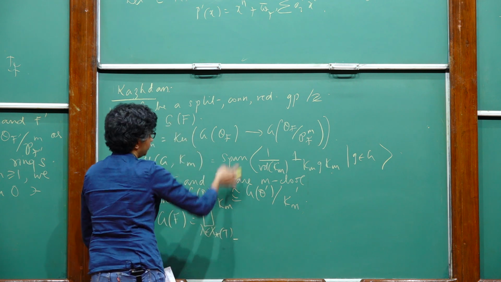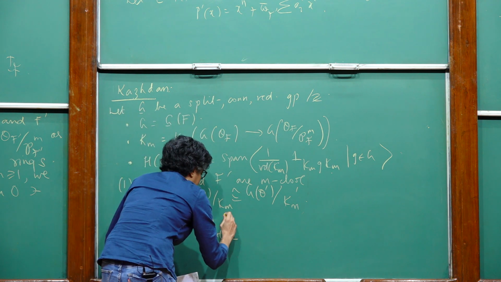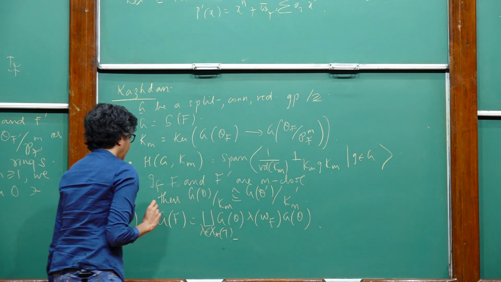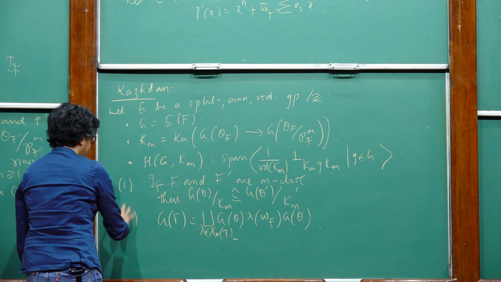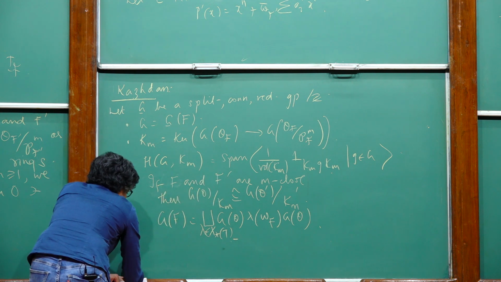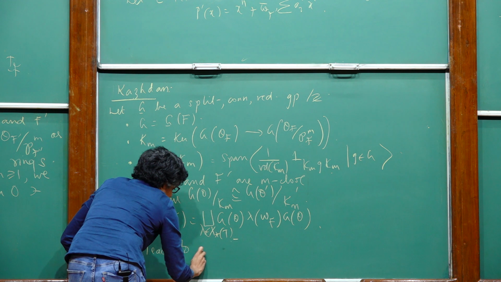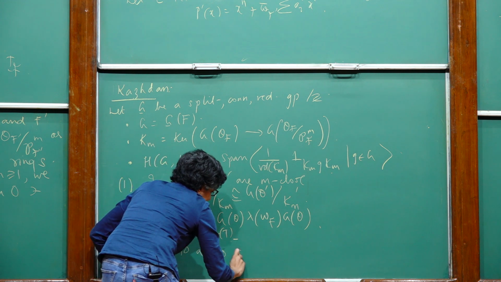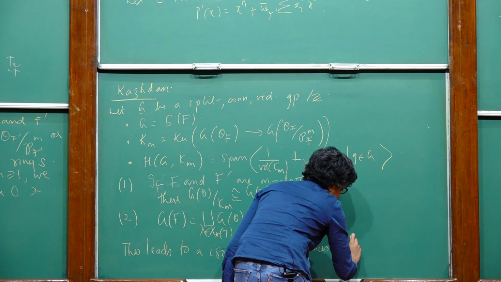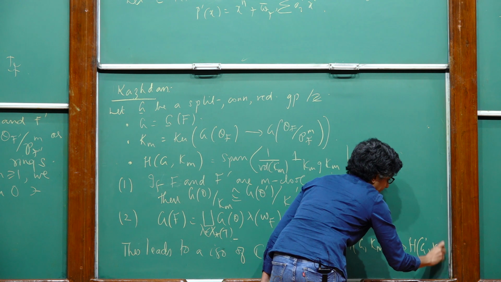I didn't say what T was, you fix a maximal torus that is split over Z. Combining these, one gets that if the fields F and F prime are just m-close, this leads to an isomorphism of C-vector spaces between these two Hecke algebras, H(G, K_m) and H(G', K_m').